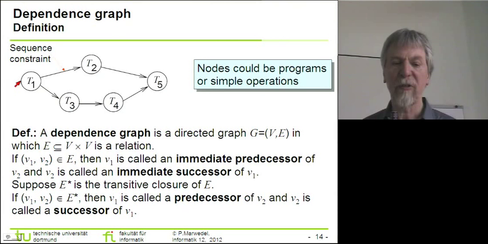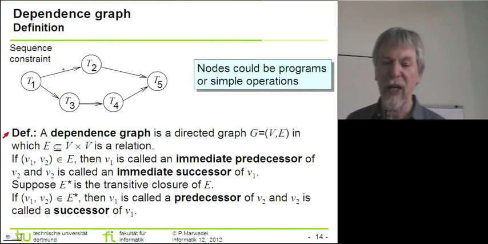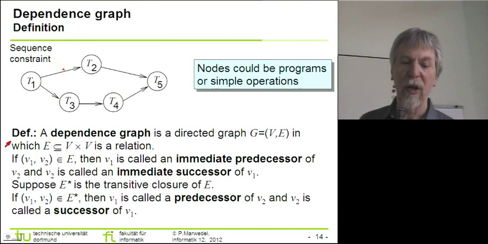In these task graphs, we have certain nodes. These nodes could be programs or simple operations. And we have relations between these nodes in this graph. The overall structure is called a dependence graph. Formally, a dependence graph is a directed graph in which a subset of the cross product of the nodes is a relation.